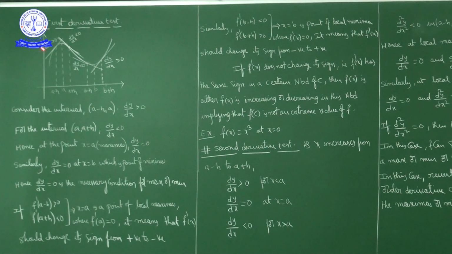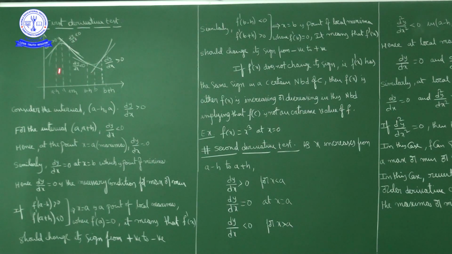Final quantity minus initial quantity, so dy/dx at a plus h minus dy/dx at a minus h. Now what do we know? dy/dx at a plus h, in this interval dy/dx is negative, for x greater than a. So this is negative.